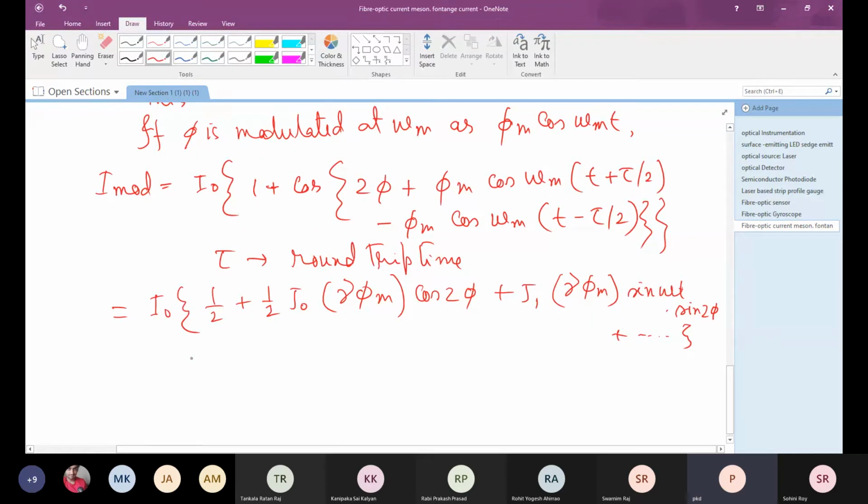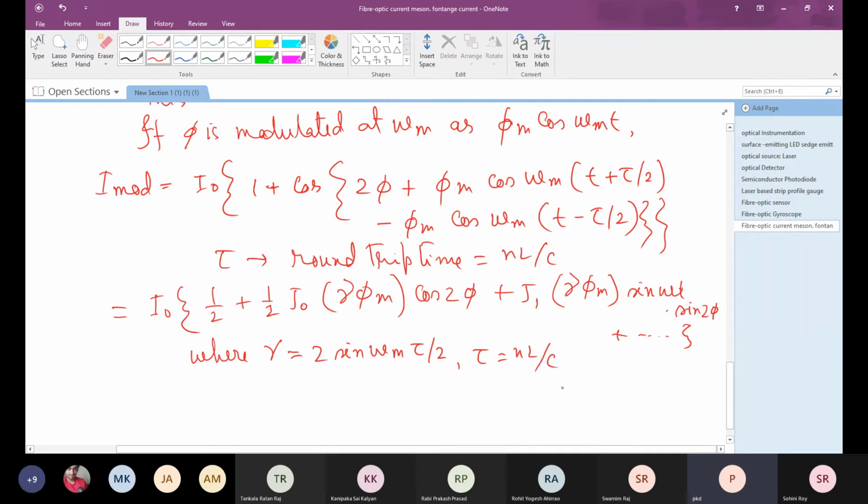So this eta is two sine of omega m tau by 2, where tau is the round trip time. So tau is equal to n L by c, where n is the refractive index and L is the length of the fiber coil.